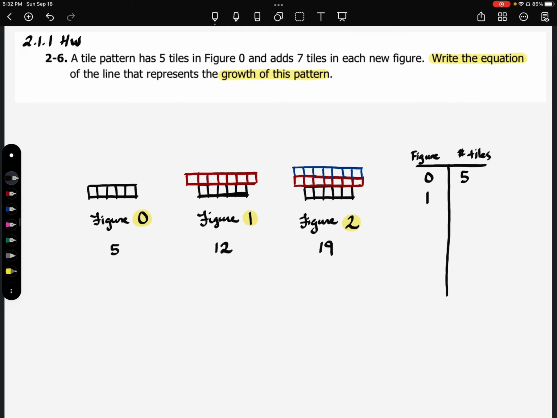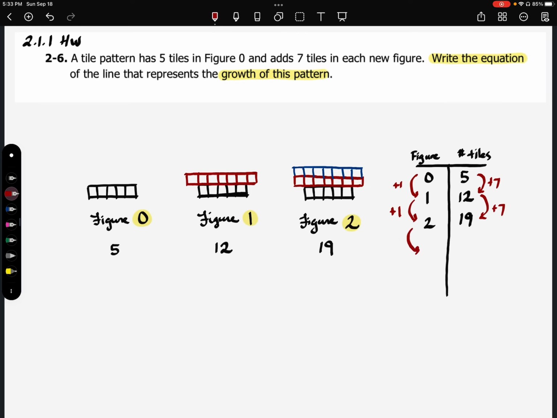And then each time we increase that figure number, we're having to add 7 more. So we had 1, 12. And then our figure 2, we had 19, we just said there. As this number increases by 1 each time, this number is increasing by 7.